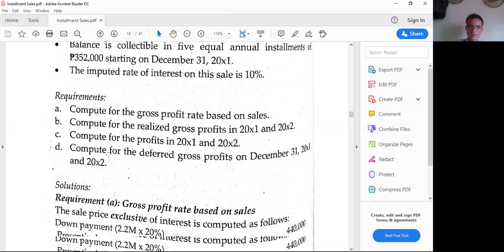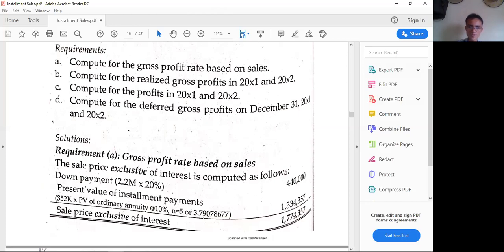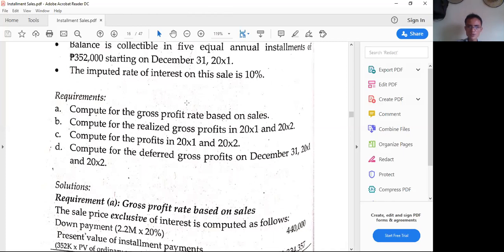So here are the requirements. First is gross profit based on sales. So as we all know, when we compute gross profit rate, that is the deferred gross profit over the sales or installment sales.